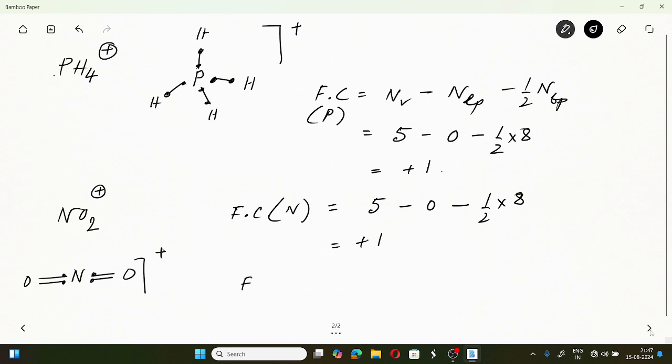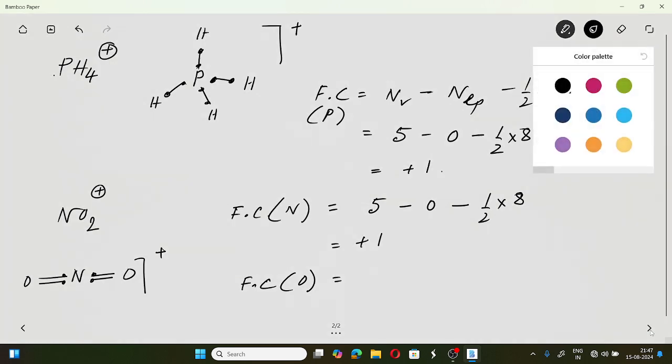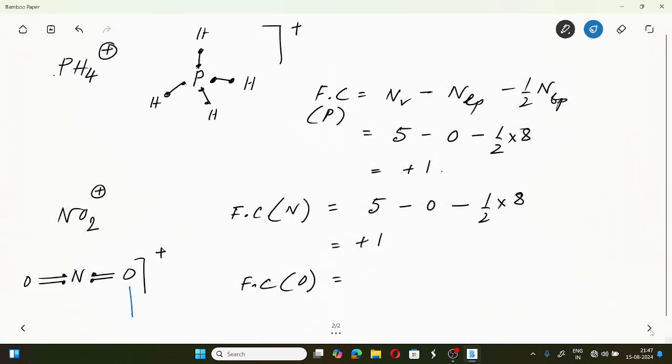And if you want to find out the formal charge over oxygen, consider any one of the oxygens. The total number of valence electrons is 6 for oxygen. Since it is neutral, there will be 6 electrons.